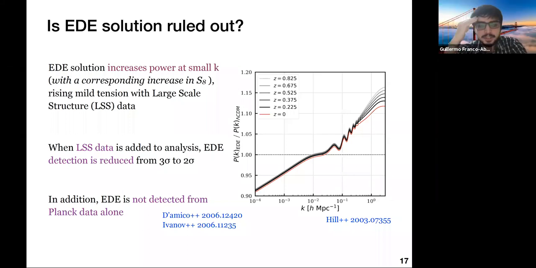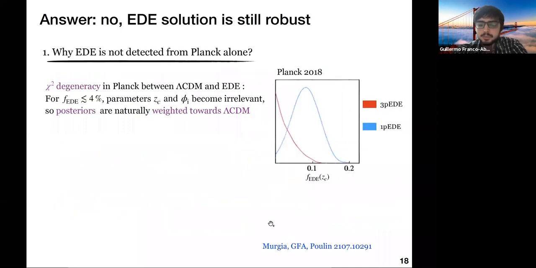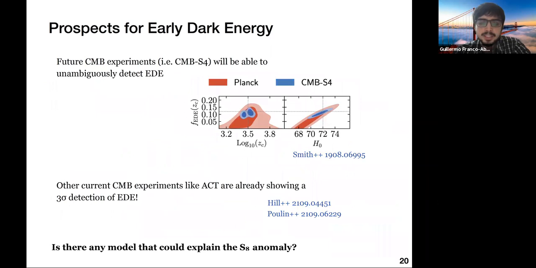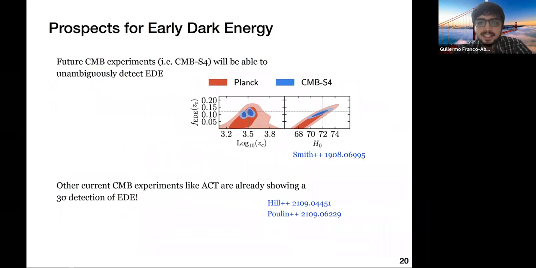No, this is a very good question. I haven't included a plot here, which I should, but essentially, if you look at the residuals in the CMB, it's true that with the current precision of the current experiments, you are not able to disentangle early dark energy from lambda CDM, but for future experiments such as CMB-S4, if early dark energy exists, future CMB experiments will be able to really detect it.